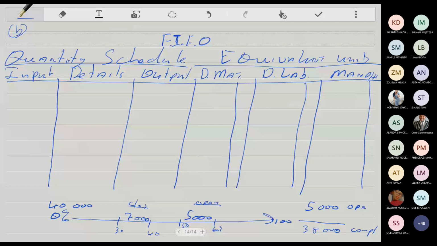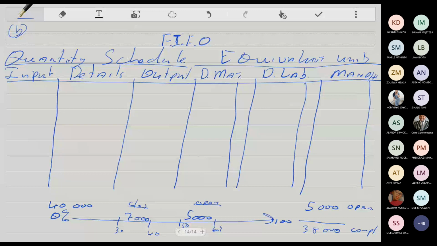We have to indicate that. Then the remaining units, that is 33,000, is the completed units from the current production.